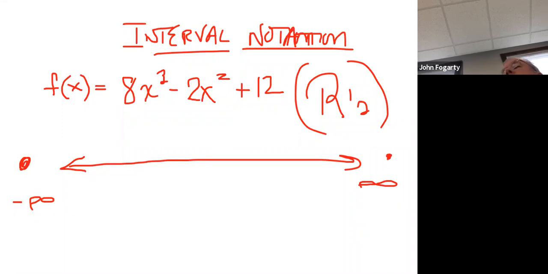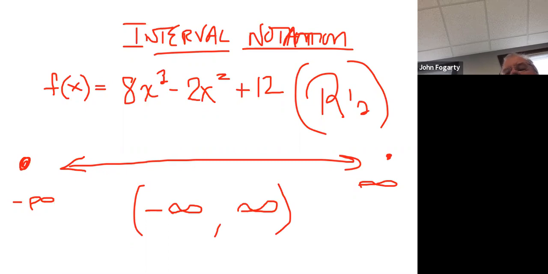We can't really include infinity. Why? Because you never get to it. So that's what all real numbers looks like in interval notation. Does that make sense?